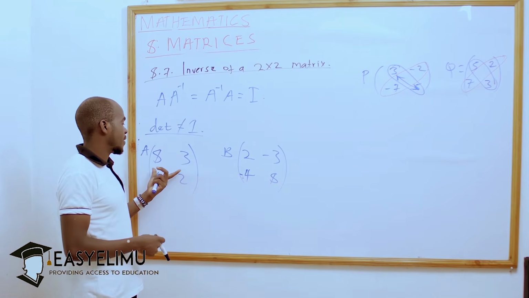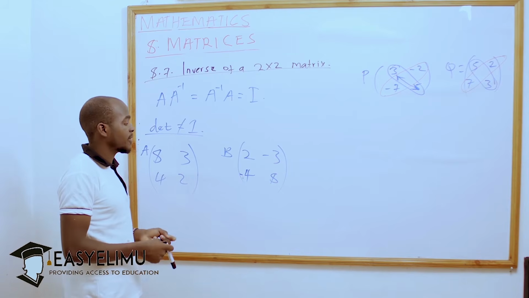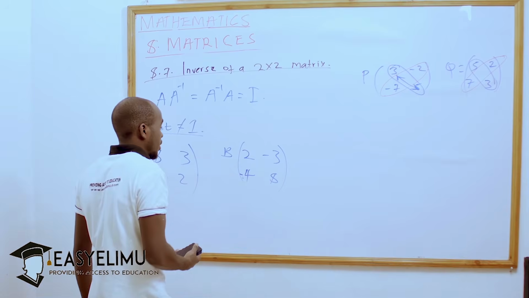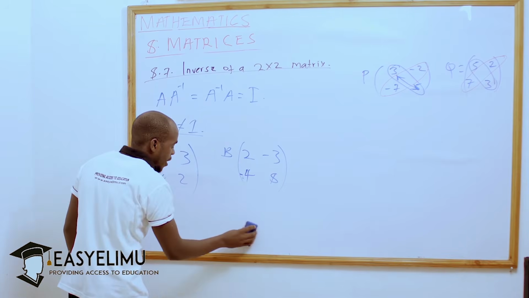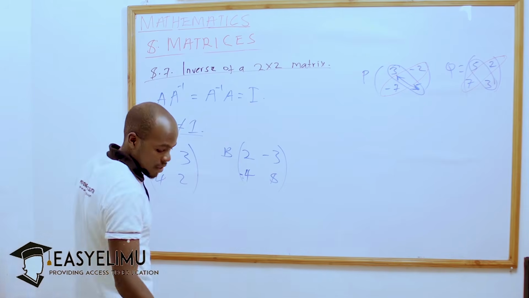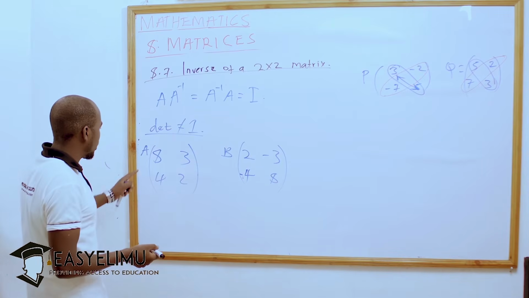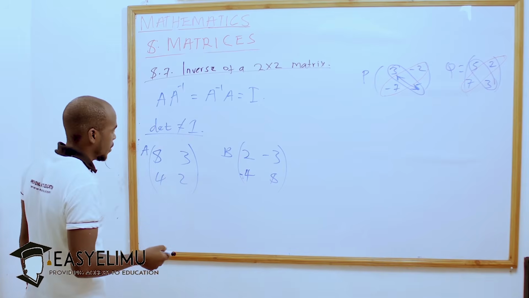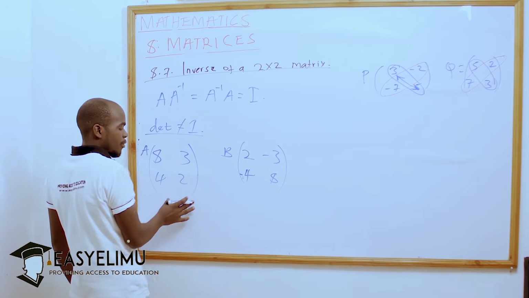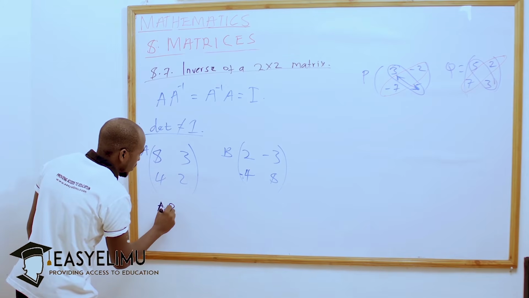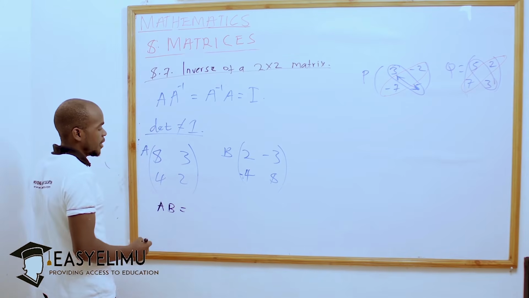The matrices have similar elements and are of the same order, so they are not equal, but they have similar elements. So what we are going to do here, we shall multiply A and B. Since we have said from the look of things these are inverses, we shall multiply A by B and see what we shall find.